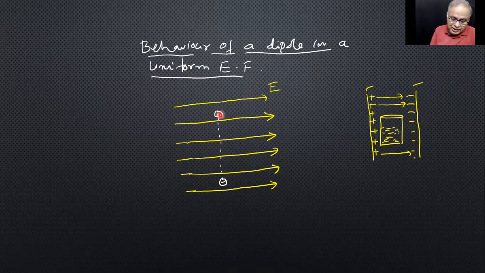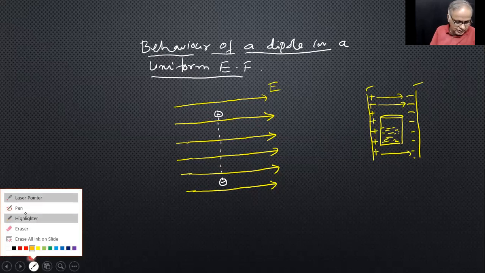But if they are not acting along the same line of action, they produce a torque. If two forces act along the same line, the net force is 0 and the net torque is 0. But now one Eq acts like this, another Eq acts like this.